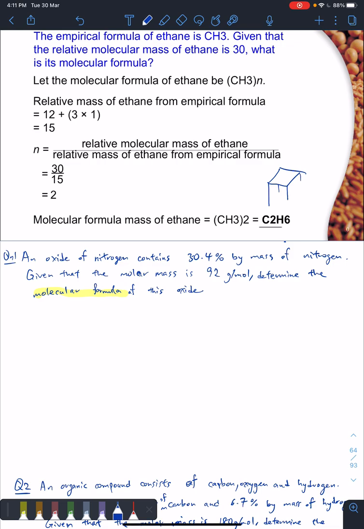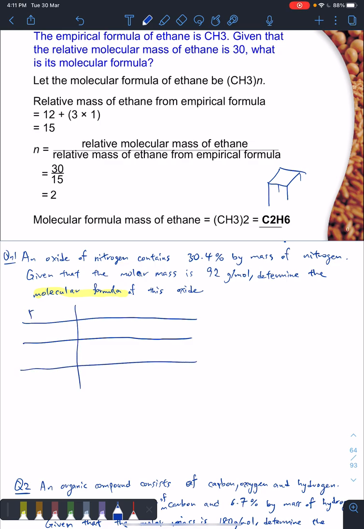No, not this table, but this table. So it is element. Then you might be asking yourself, do I write O2 or O? Again, we are finding empirical. Empirical means simplest. Is O2 or O simplest? O. So everything is in the individual form, the bare minimum.